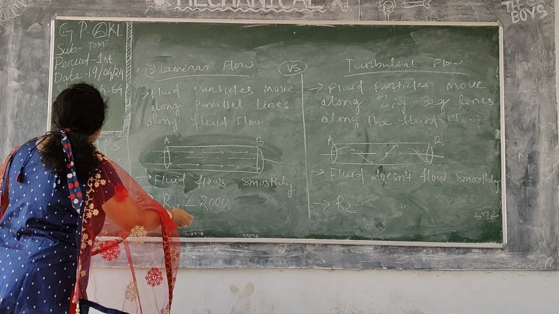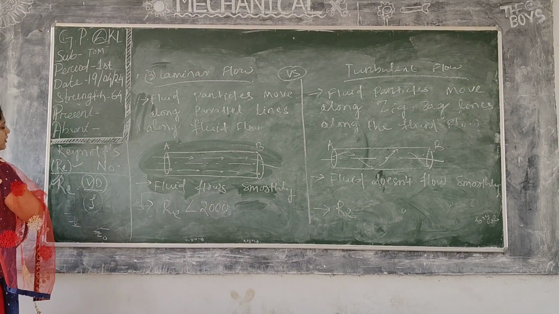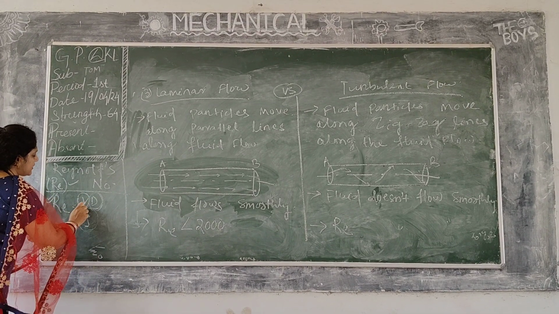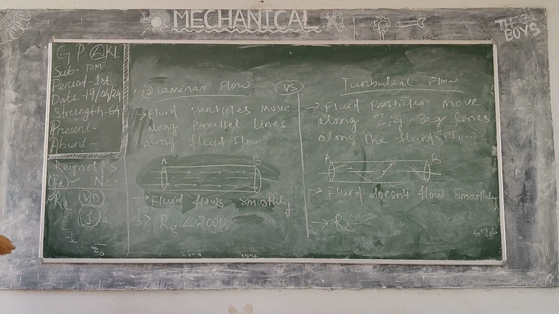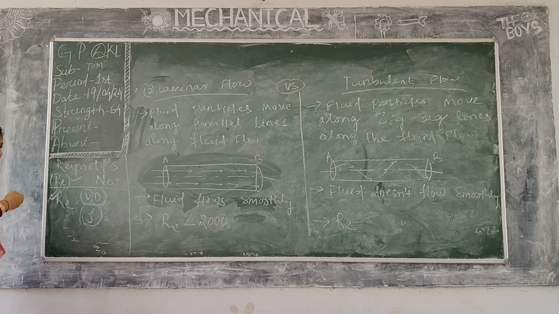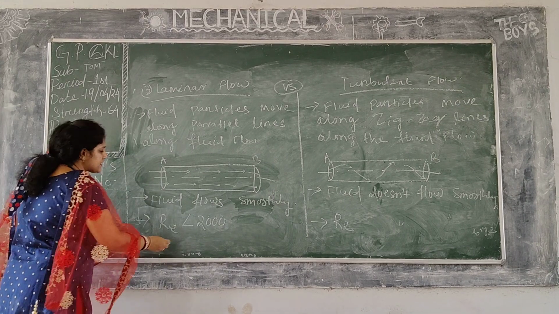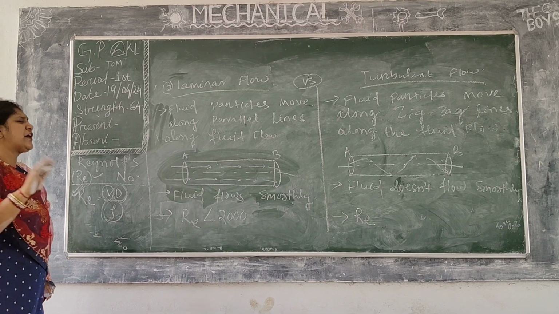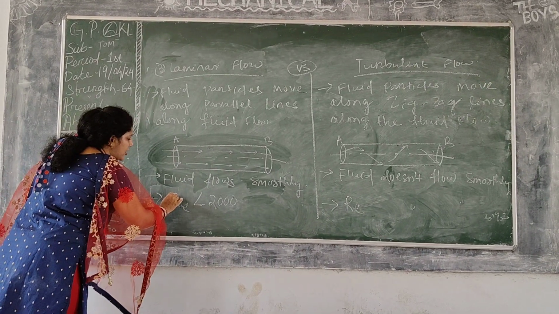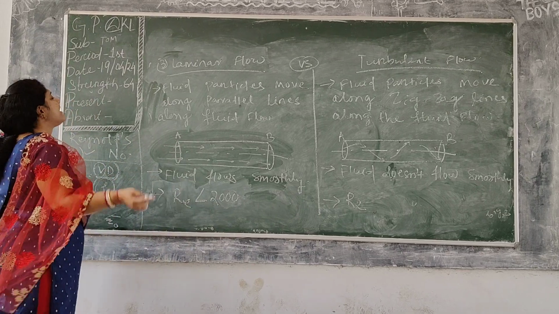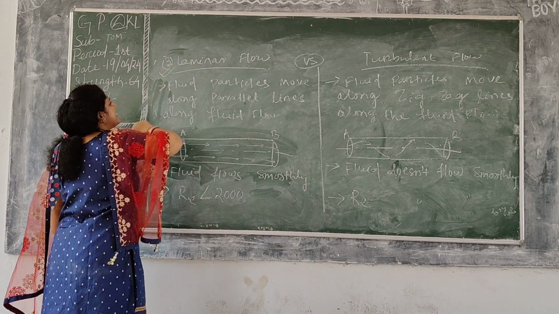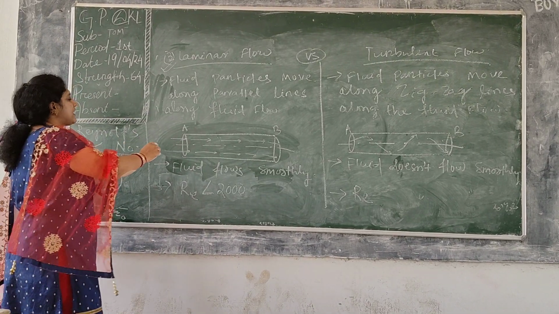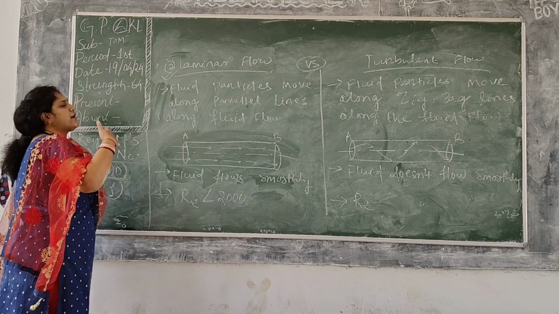Okay, if we calculate Reynolds number and find it is less than 2000, maybe 100, 200, 500, something like this, then we can say the flow is laminar flow. The flow is steady. The lines of flow go on parallel and all that.